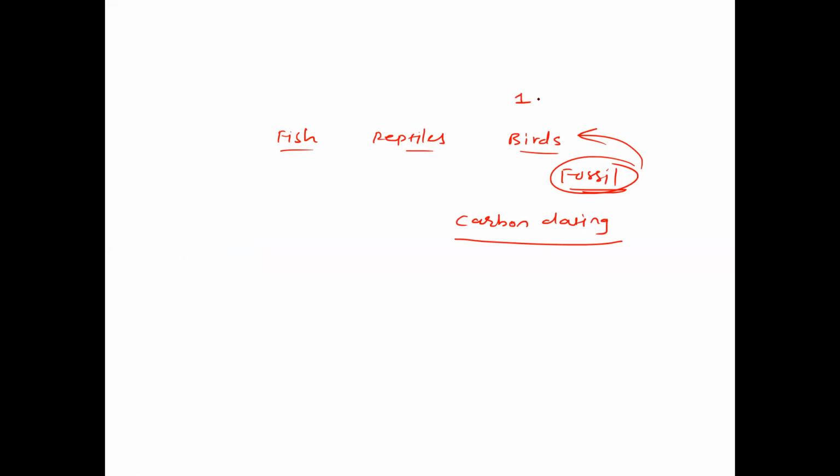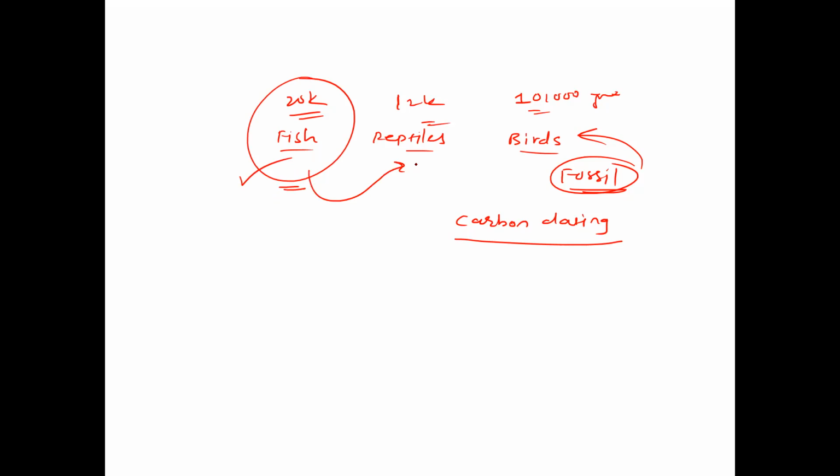This is how old? 10,000 years old. Okay. Then this is 12,000. This is 20,000. So what can you understand from this? This is much older. It means this is the first organism I can say, and then from that these are the developed ones.